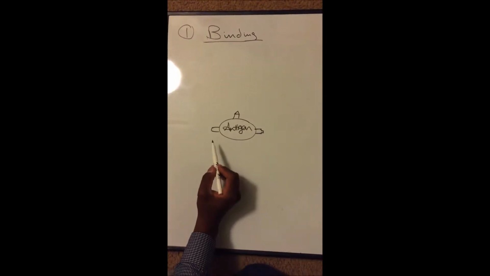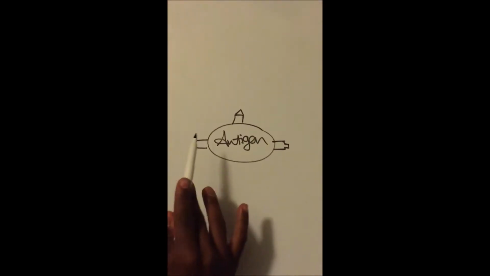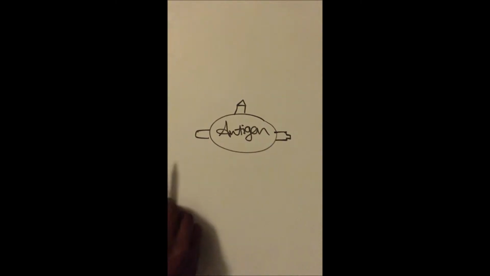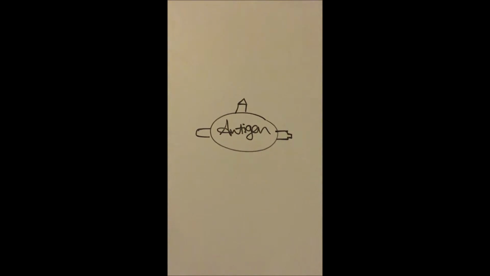Each antigen typically has several different receptor points, which are also called epitopes, and lymphocytes can bind to these sites, these epitopes, and each trigger a certain reaction.